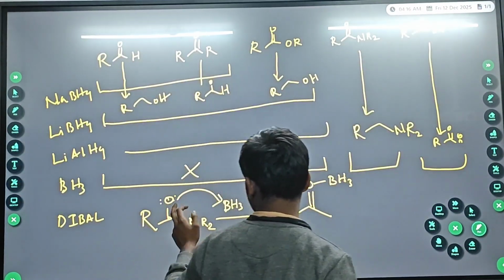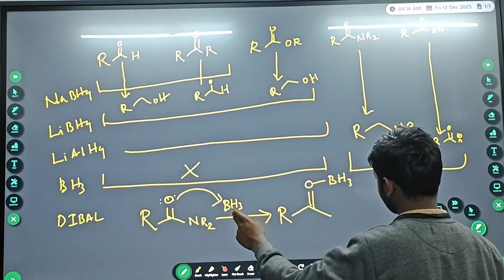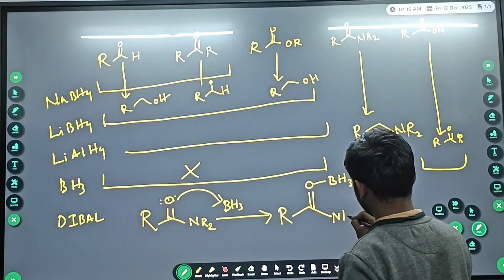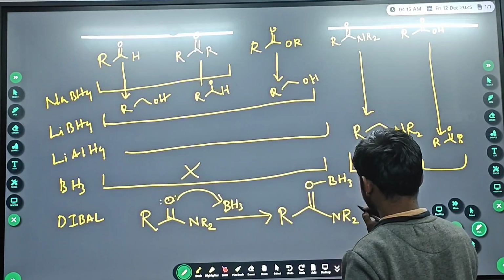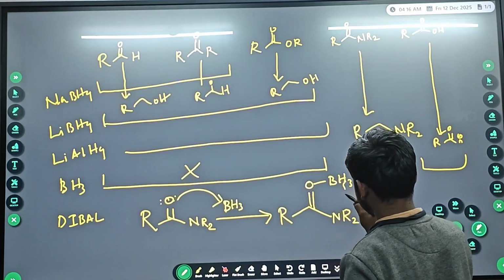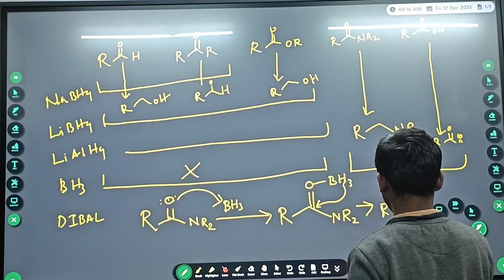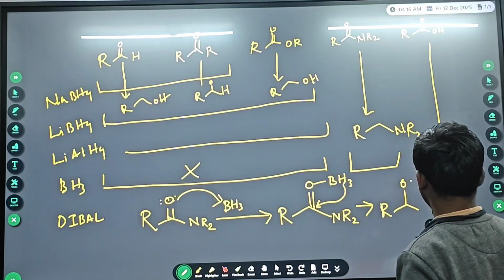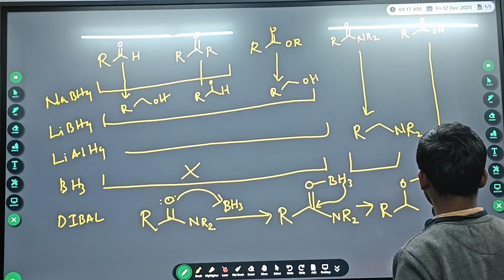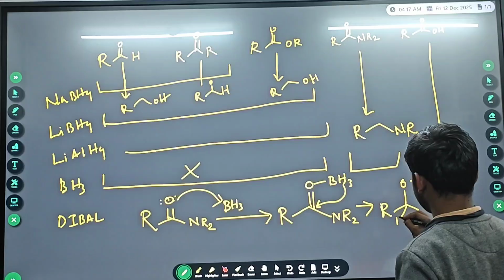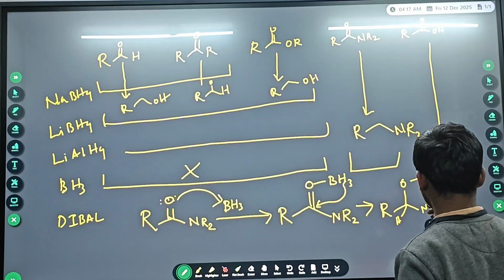This oxygen is giving the electron to the boron, and boron instantly has a hydride. This hydride will go to the carbonyl center and make this type of BH2, H, NR2.